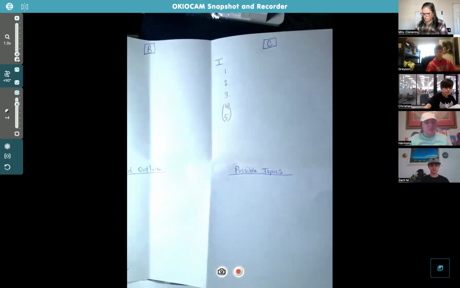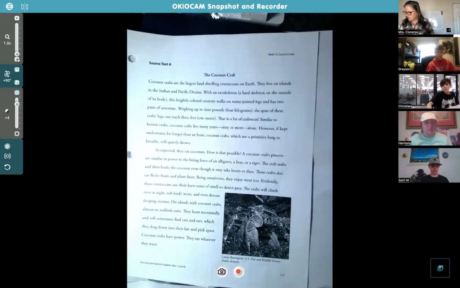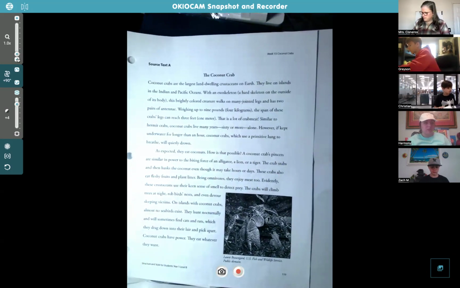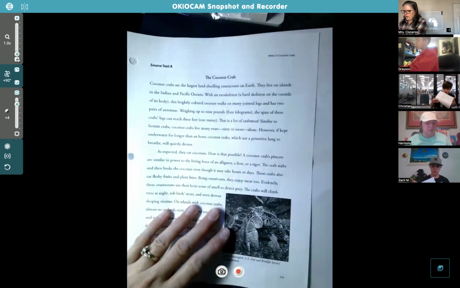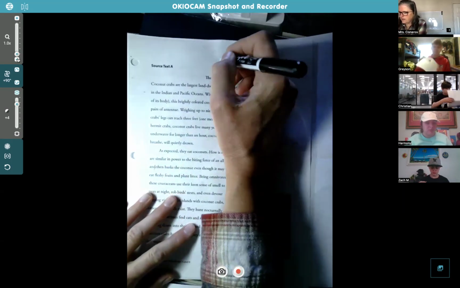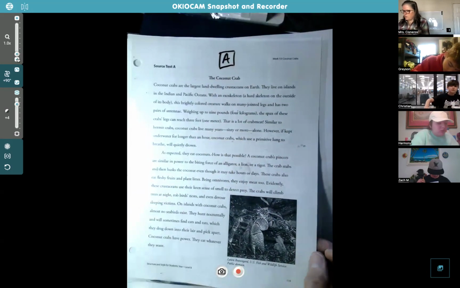But there is one last thing I want you guys to do. With your articles, find this one that's page 119. I know it already says source text A here, but I still want you to write above the title an A with a box around it like that. This is page 119.